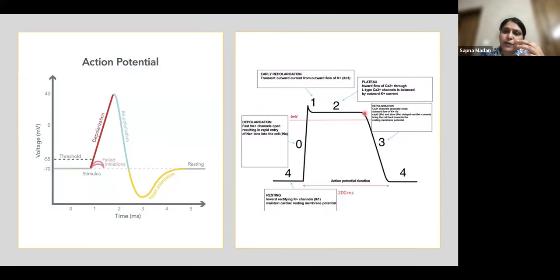Once the plateau phase and the contraction are over, it is time for the membrane to come down, so the calcium channels will close and the potassium channels will then open up, and the potassium will efflux and the resting membrane potential is reached again.